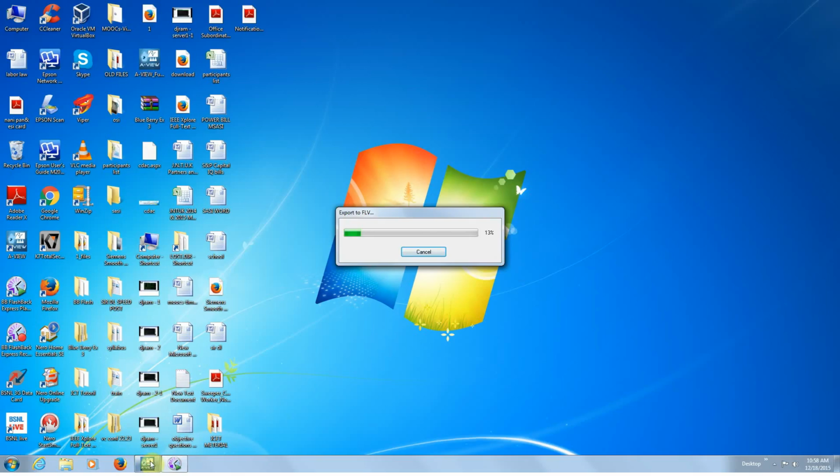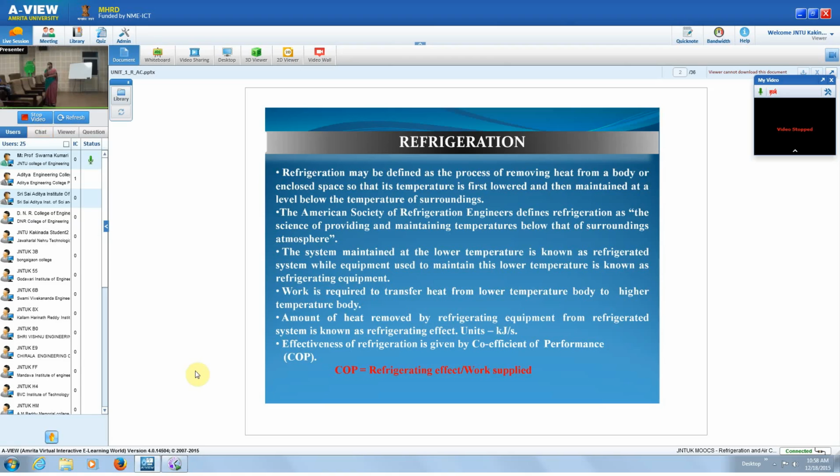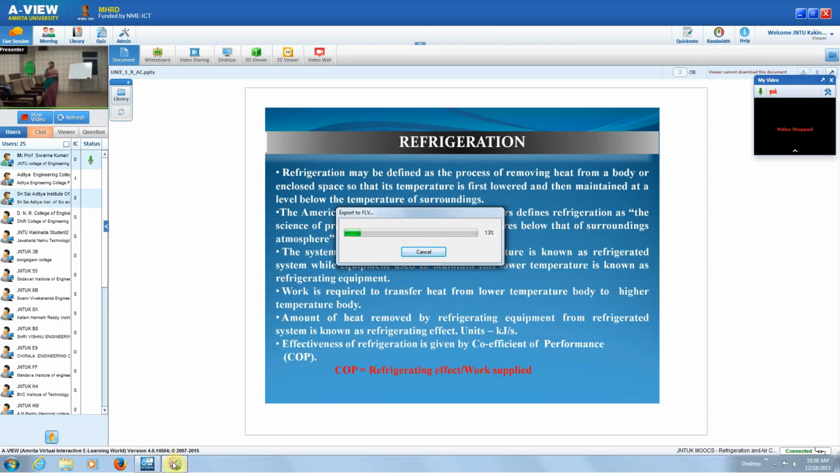So the system is maintained at a lower temperature compared with the atmospheric temperature. The space where it is maintained is called the refrigerated system, while the equipment used to maintain this lower temperature is known as the refrigeration equipment.